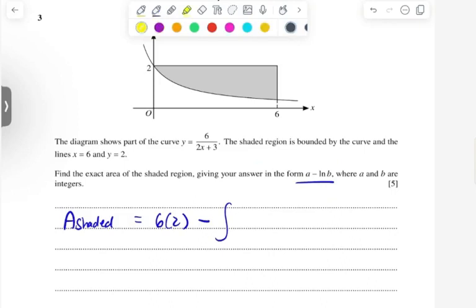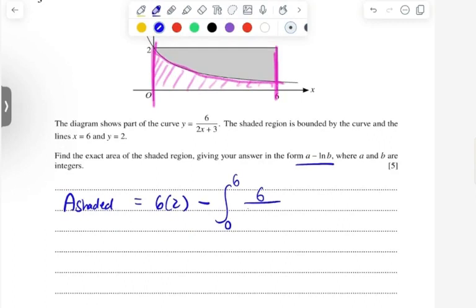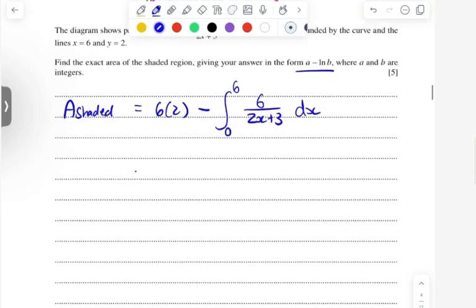Whenever you do an integral, it works out from the curve to the x-axis, and you have to use your boundaries on that axis. So I'm going between 0 and 6. This is my curve, and I'm integrating in terms of x. That should give me the area of the shaded region. So no tricks to that.